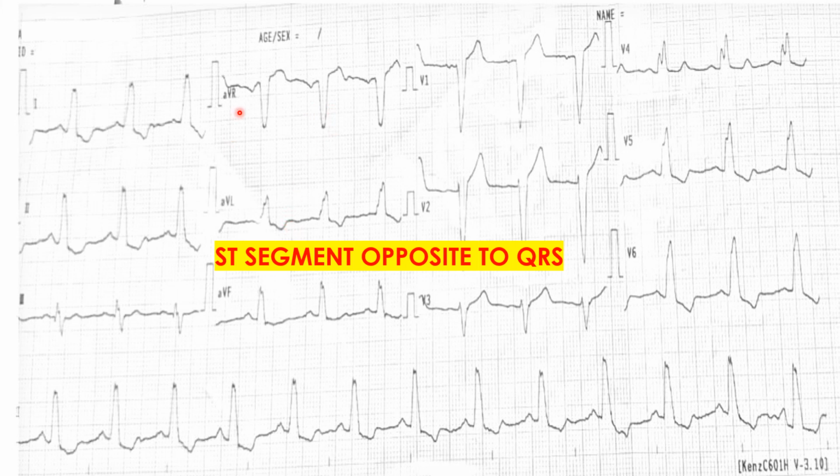In aVR the QRS is negative and the T wave is upright. In the chest leads where there are negative QRS complexes, the T wave is upright, and in lead V4 it's upright while the T wave is getting negative. So all of these leads are showing the ST segment being opposite to the QRS complexes.